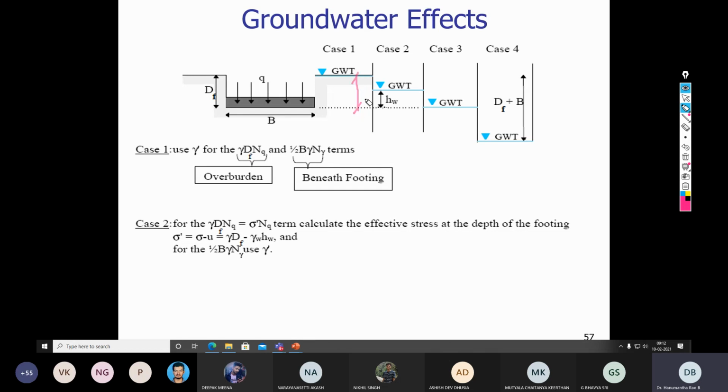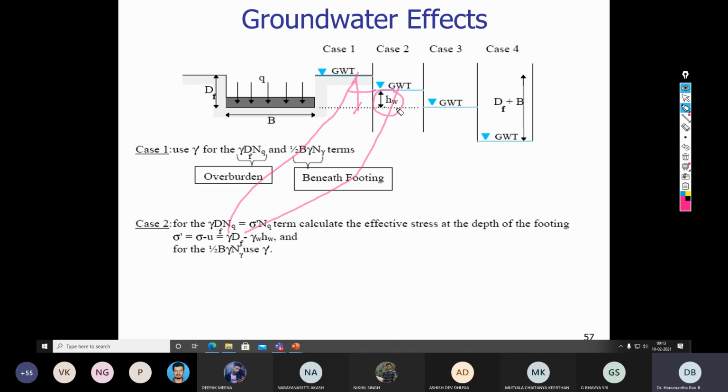For part of this height the dry density prevails, and below that, for a height equal to Hw, the submerged weight prevails. So you can take gamma Df as gamma above the groundwater table, and gamma submerged below the groundwater table.